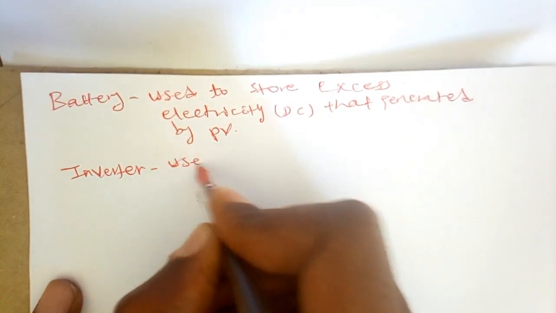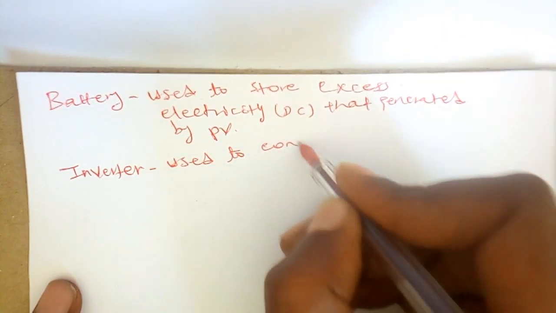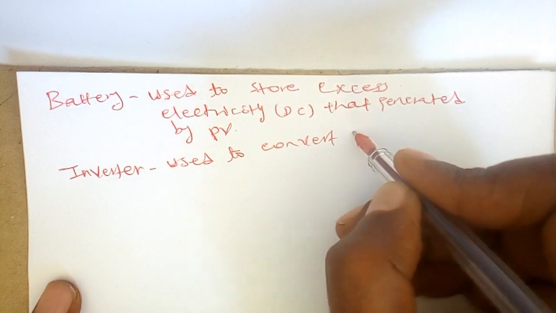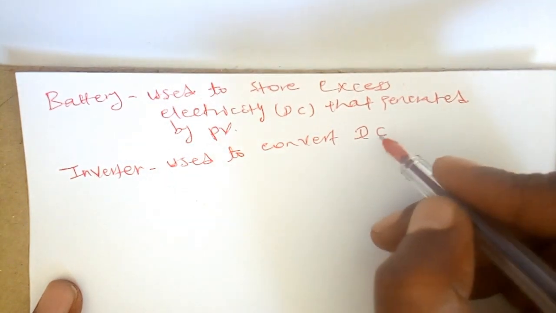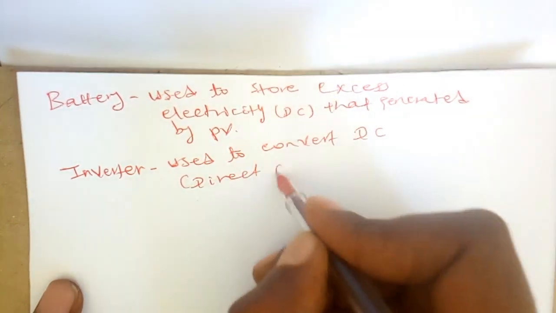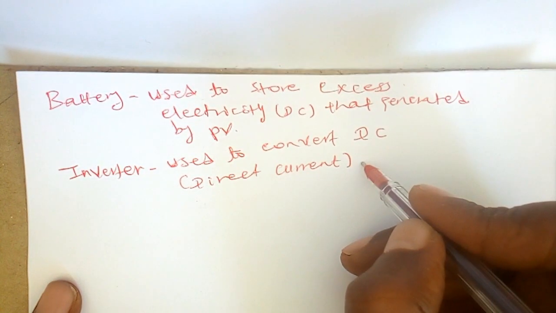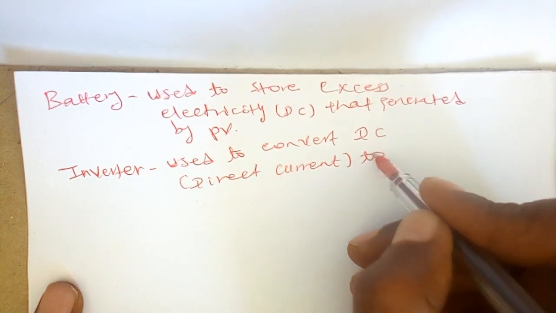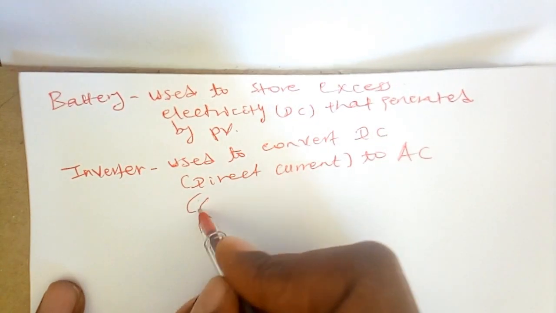The other component, in this case, is the inverter. Inverter is used to convert direct current, or DC, to AC, or alternating current.